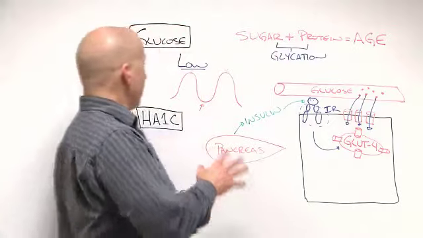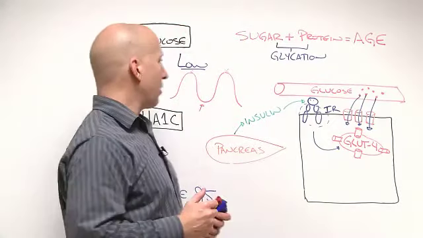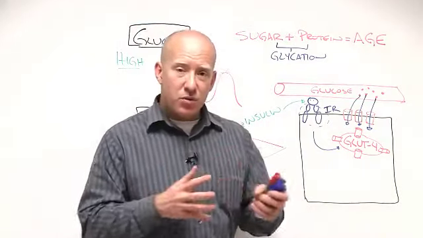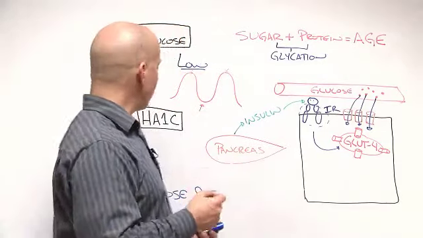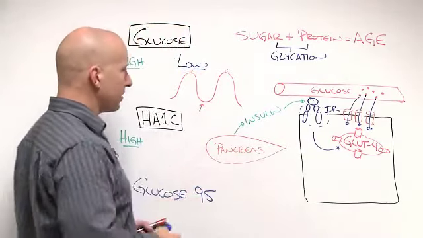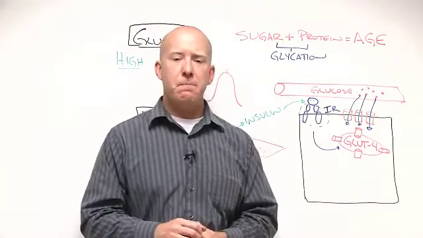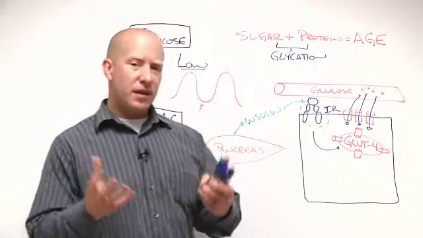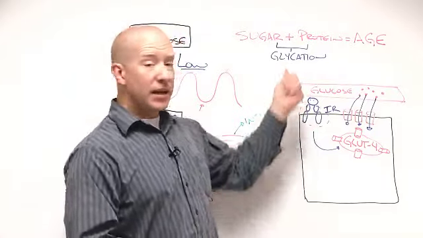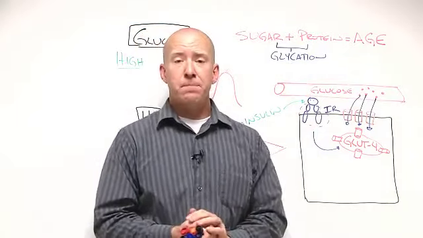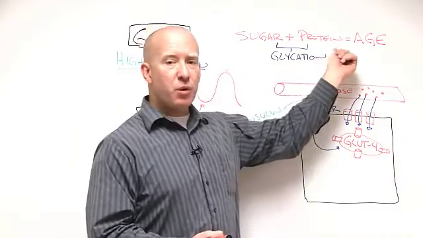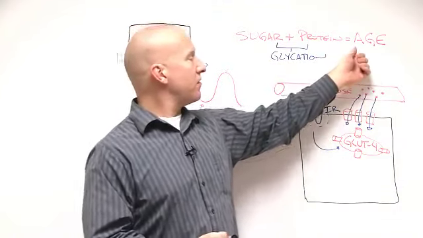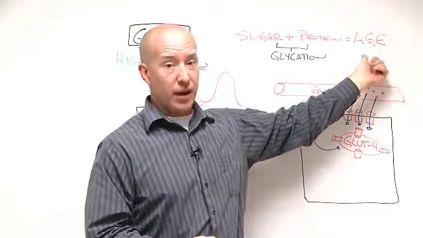Now, I mentioned how glucose is not necessarily the most stable marker, and it can really move around quite rapidly. There's another marker called hemoglobin A1C that definitely needs to be talked about. There's a chemical process called glycation or glycosylation. All it really is, is when a sugar combines with a protein and forms what's called an advanced glycated end product, or AGE.